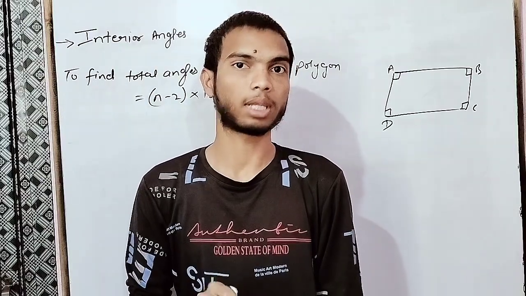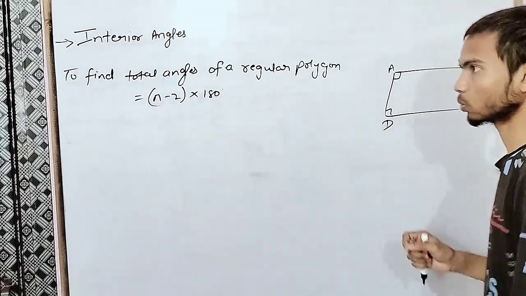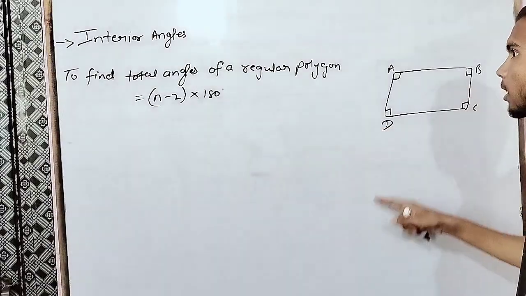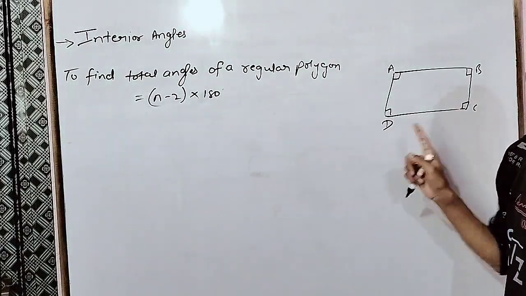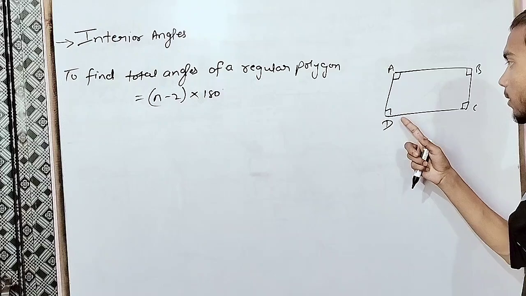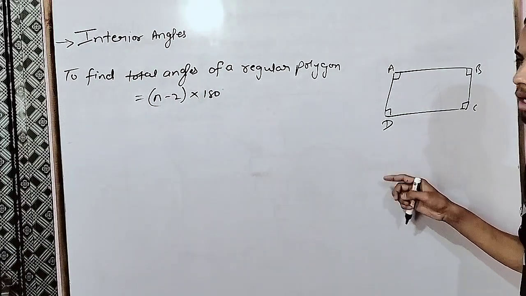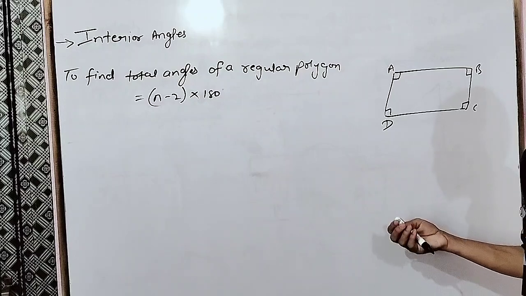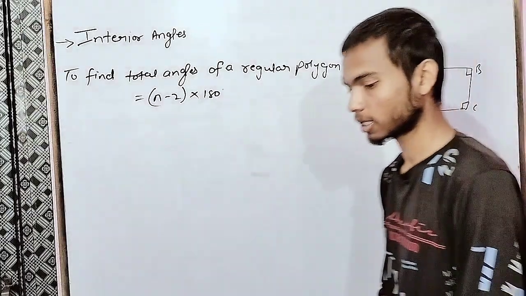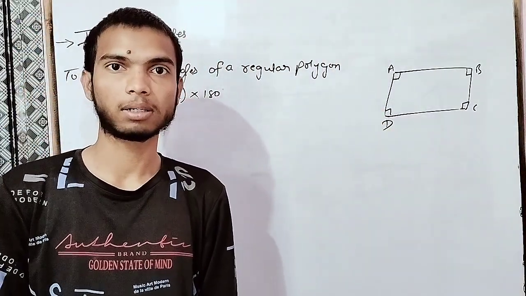It is true that this formula is correct. When we apply this formula to a quadrilateral, even a square, the complete measure of interior angles would be 360 degrees. What if we have a pentagon?